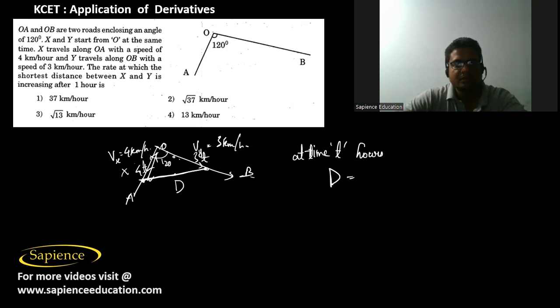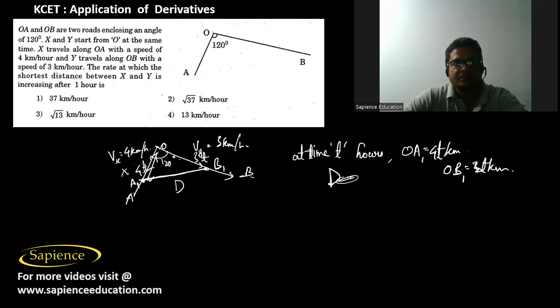So I can say this point is, suppose, A1. At T hours, OA1 will be 4t kilometer, and OB1, this point is B1, suppose, OB1 is 3t kilometer.